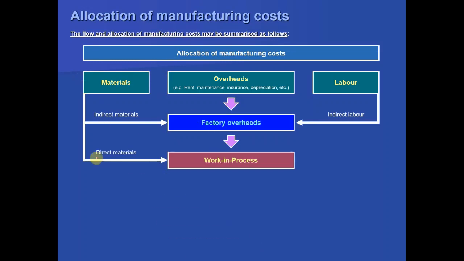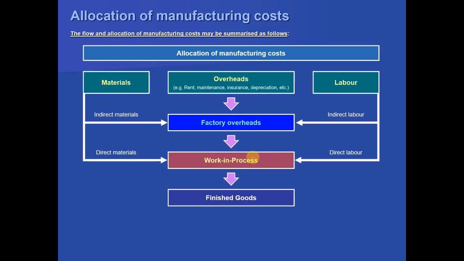The direct materials are also transferred to the work in process account, as well as the direct labor. And then from our work in process asset account, whatever we have completed is transferred to the finished goods account, also an asset account.